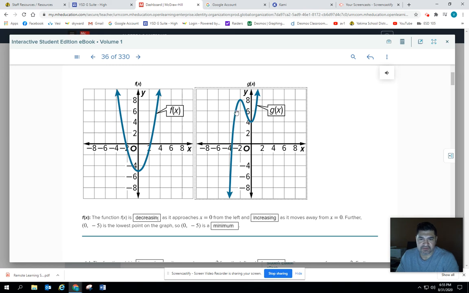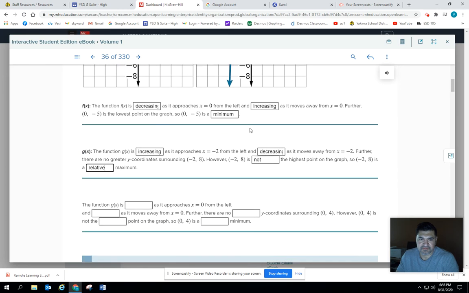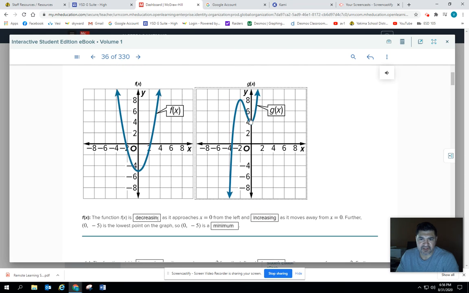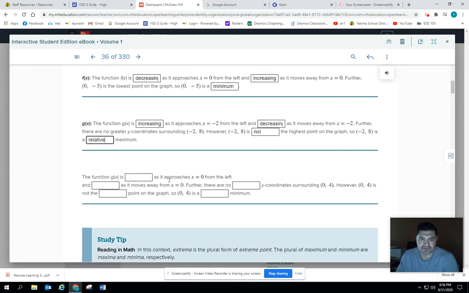It looks like it's going up, and then it looks like it's going down. But I think they're talking about from here, over here from the left, it is decreasing. So let's go ahead and type that in.